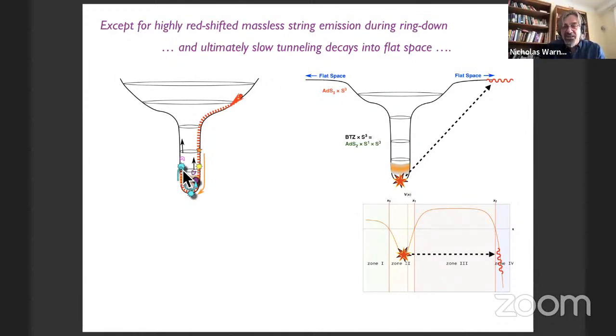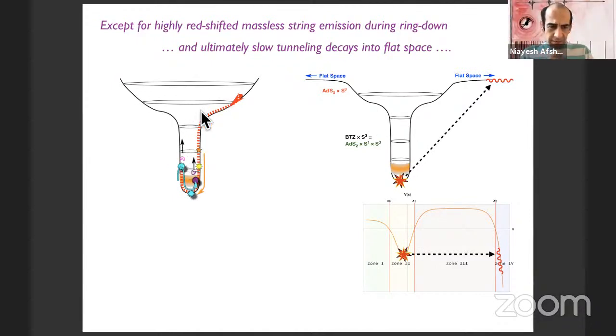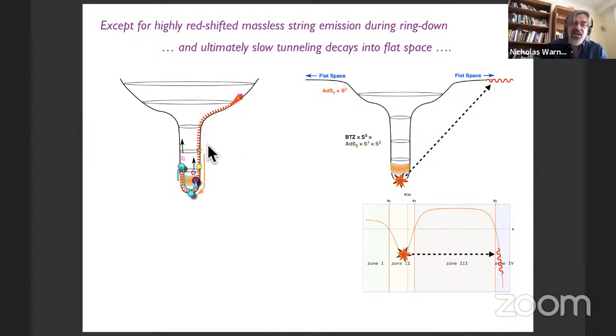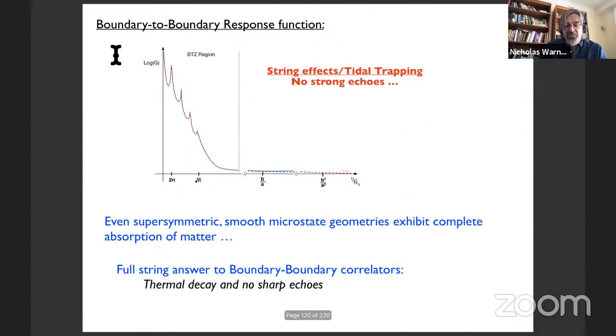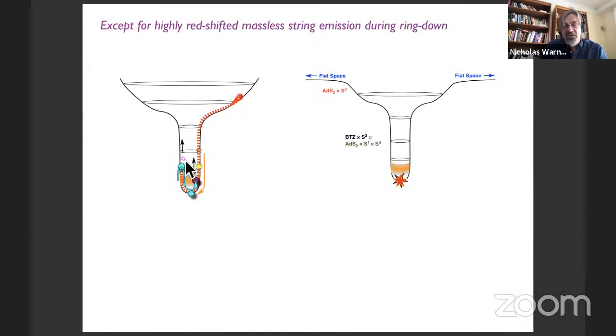You have to do the calculation of the amplitude to emit this string. You have to then check that this string doesn't fall prey to exactly the same tidal disruption and excitation as it goes through the bump. So it has to be emitted in the later part of this trajectory. And then it'll get out to infinity, and then it'll be seen. And what it will be seen as is kind of interesting, because you expect this string will be in the low mass spectrum.